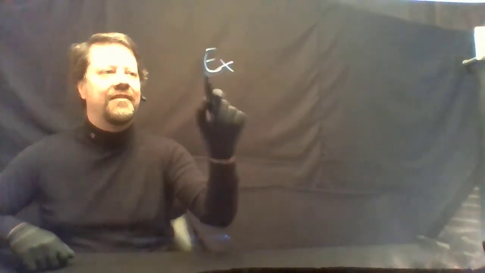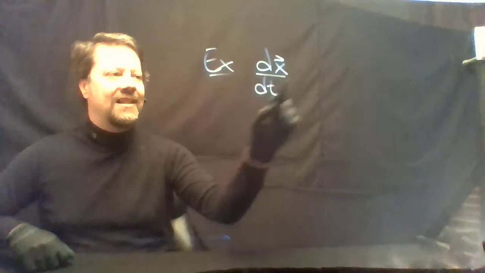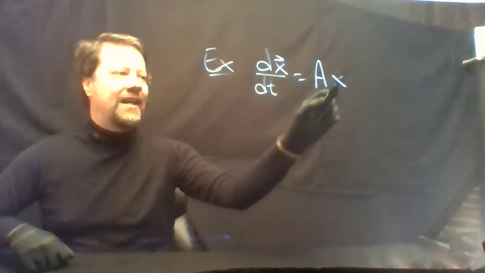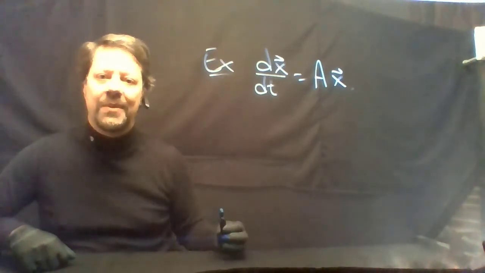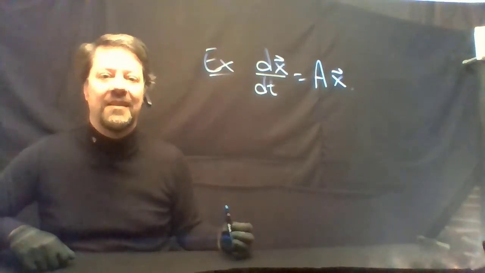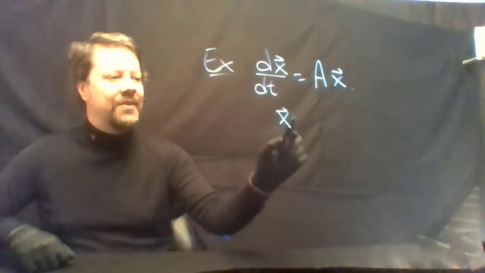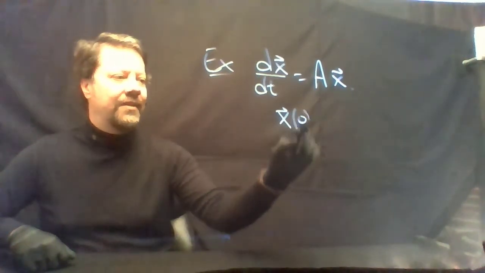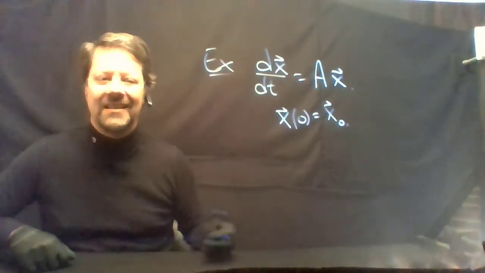If I have a differential equation of the form dx/dt is A times x, where x is a vector, this then will represent a linear system of ordinary differential equations. Let's suppose that x evaluated at 0 is some vector x naught.